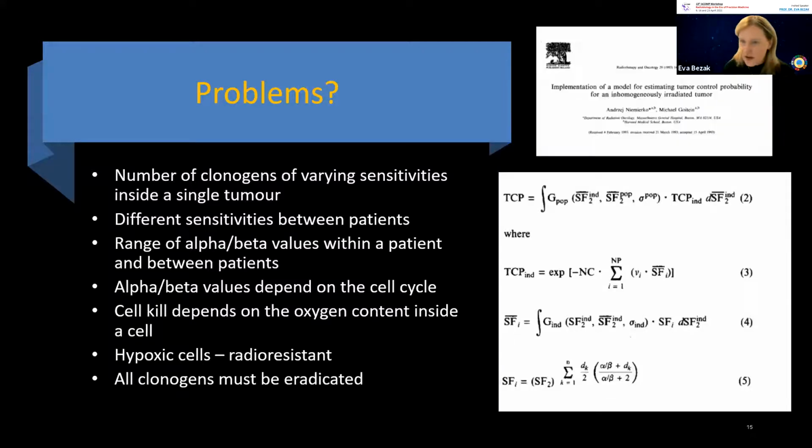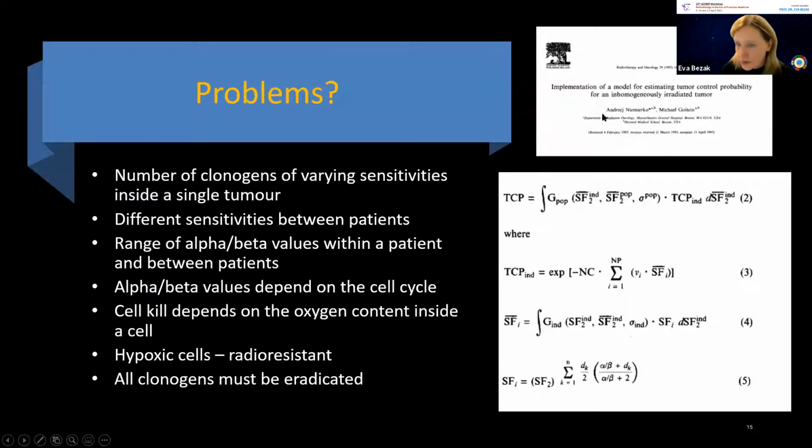So I will very quickly show you a proper equation for tumor control probability calculations, averaged over the population, where you then have not a single alpha beta ratio, but multiple alpha beta ratios that express variation of TCP within a patient and within the population.